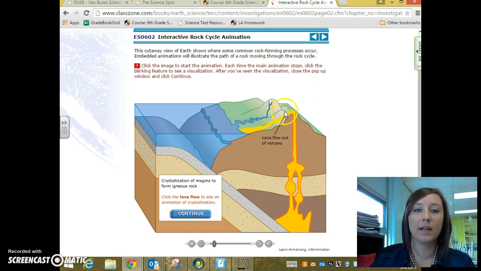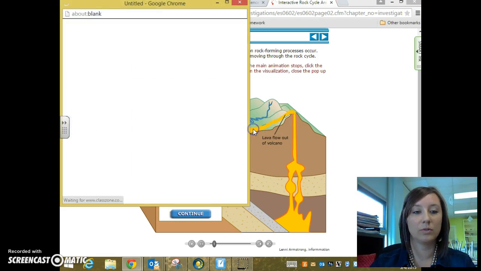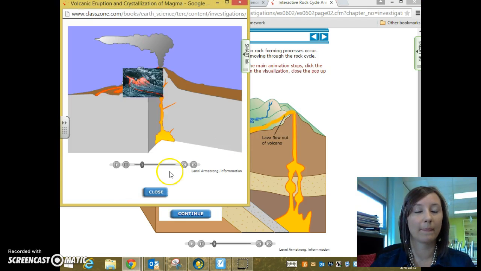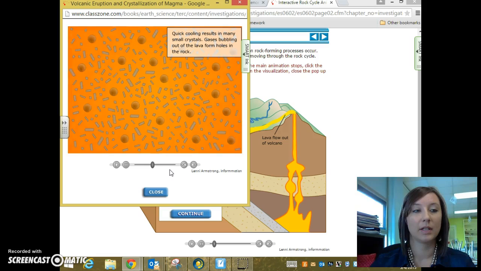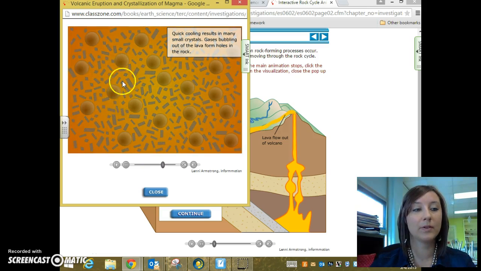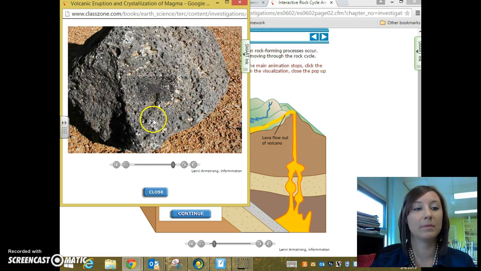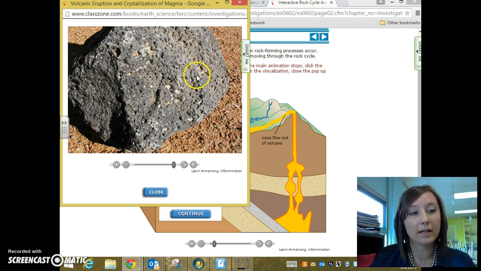And so what we have now is this lava flow, and this lava is going to cool and harden. And so we see we have some small crystals forming, and we also have gas bubbles. And so that's going to make us a rock.